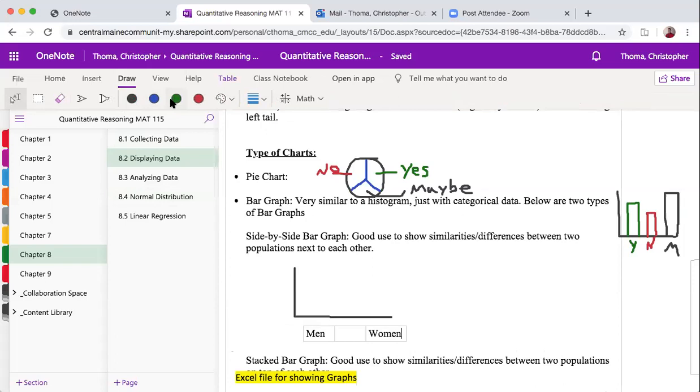And I can still do the same kind of situation where I have my green being my yeses, my red being my no's, my black being my maybes. And then I can also have the same data now for women. So I can have green being my yeses, red being my no's, and black being my maybes.